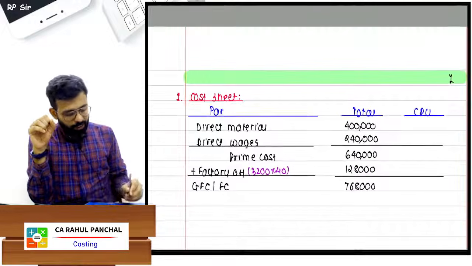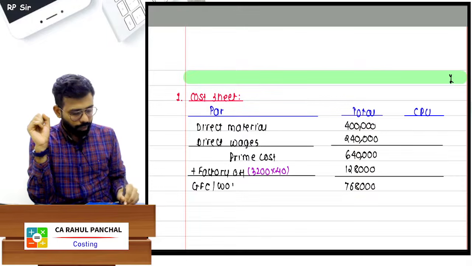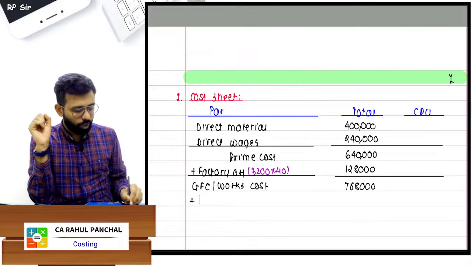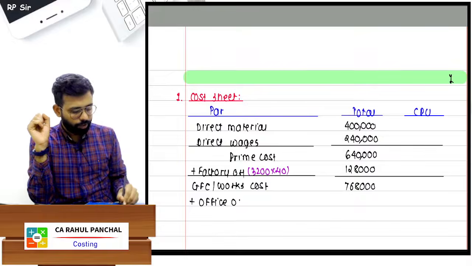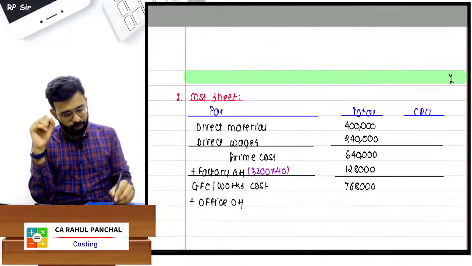This factory cost is nothing but also known as works cost. In QRAP there is one thing which is office overhead, or you can say office and administration overhead, and office and administration overheads are 10% of works cost.